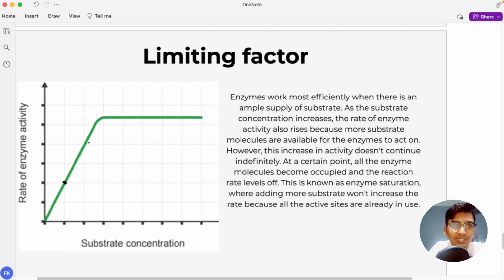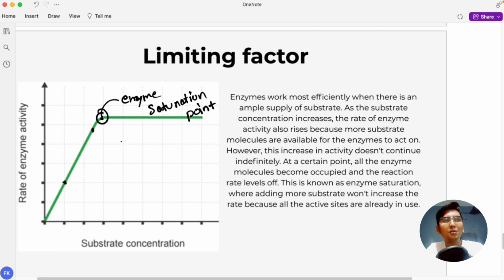As you can see, the rate of enzymatic activity increases until it reaches this point. This is known as the enzyme saturation point. Let me write it for you guys to be more clear. Enzyme saturation point. So what happens at the enzyme saturation point?